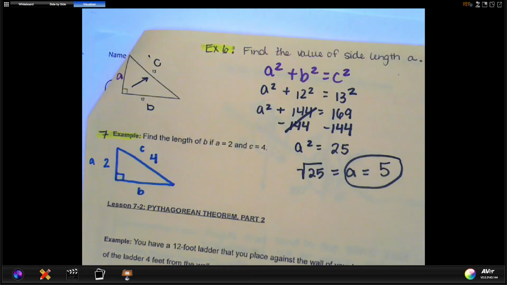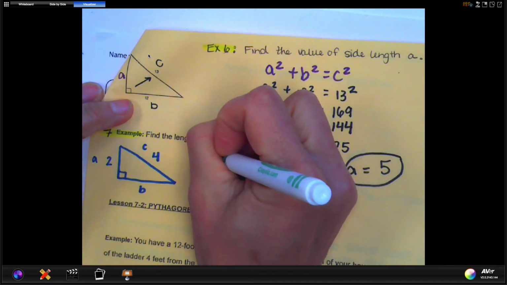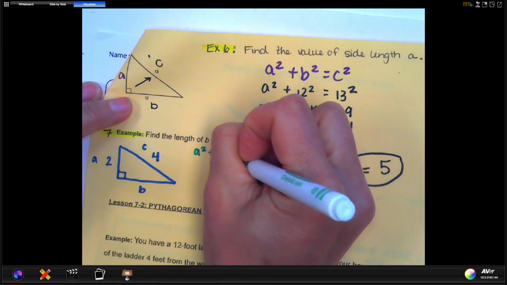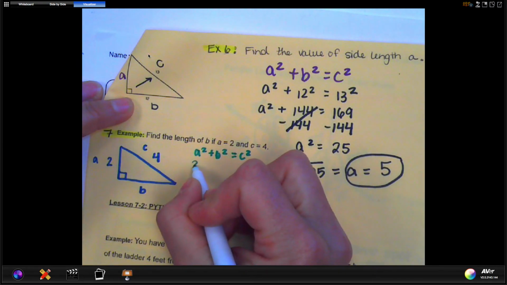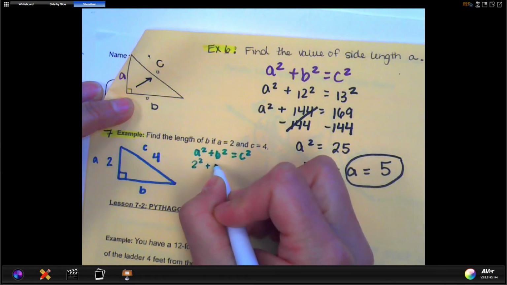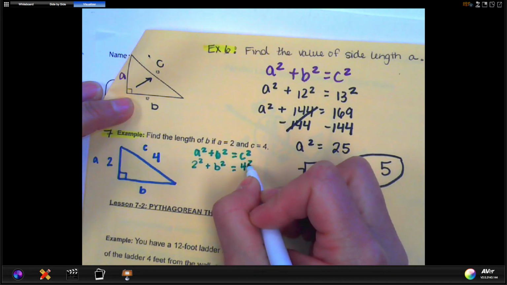Okay, so since it's a right triangle, we're going to use Pythagorean theorem, and so we're going to start with that same formula, a squared plus b squared equals c squared. And then we're going to substitute what we know. So a is 2, so let's make that 2 squared. We do not know b, so leave it b squared, and c squared is 4 squared.